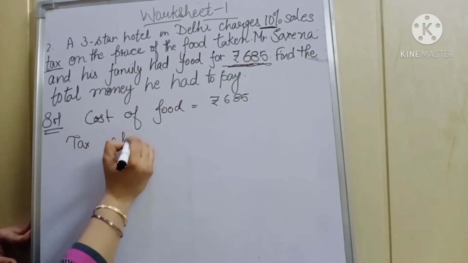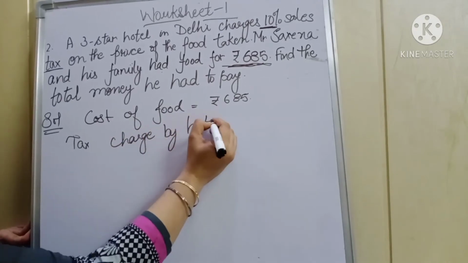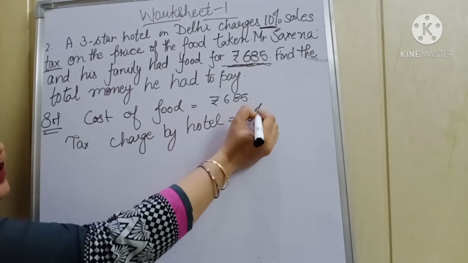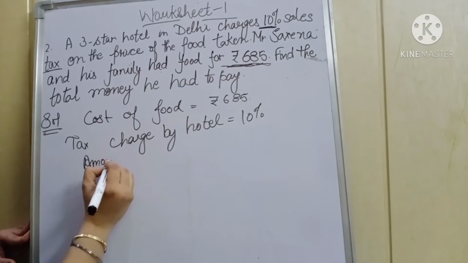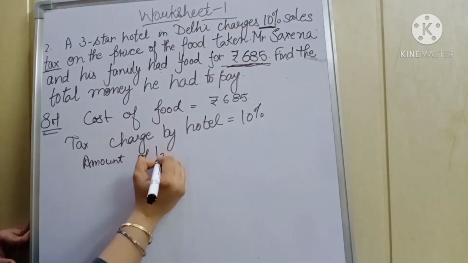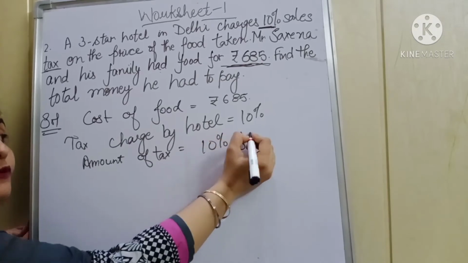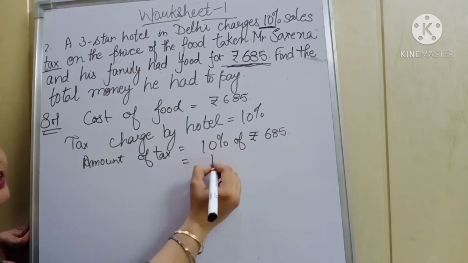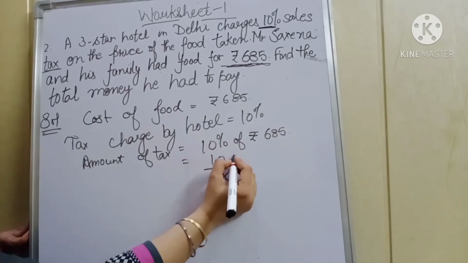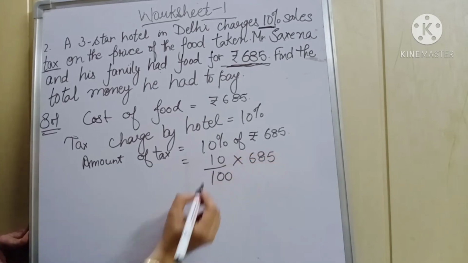Now, tax charged by hotel. How much is it going to charge? 10%. Amount of tax is equal to 10% of the cost of food, means 10 upon 100 multiply 685. 0 and 0 cancel.